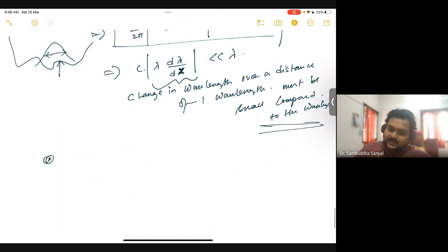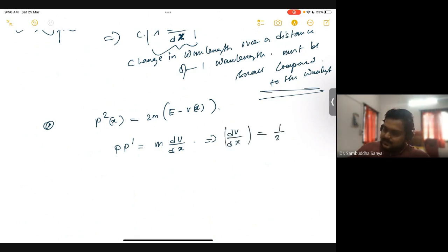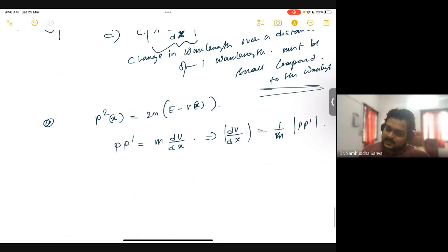I use the idea that p squared of x is 2m (E minus V of x), and take a derivative on both sides. So p p prime is m dV/dx, and dV/dx is basically 1 by m p p prime. This is what I found.